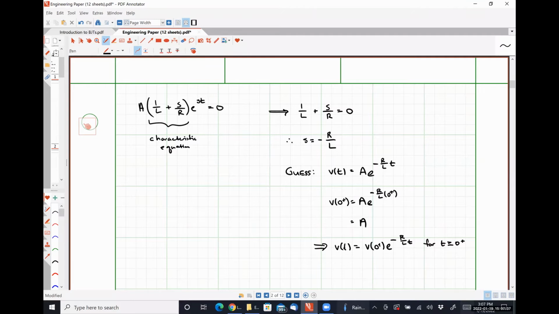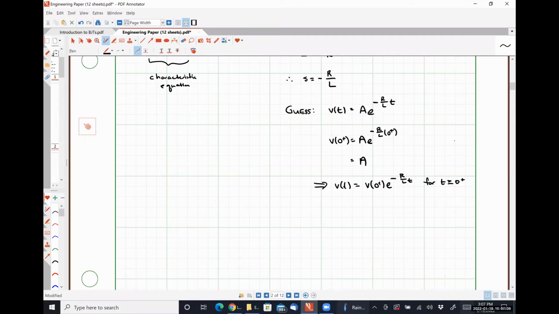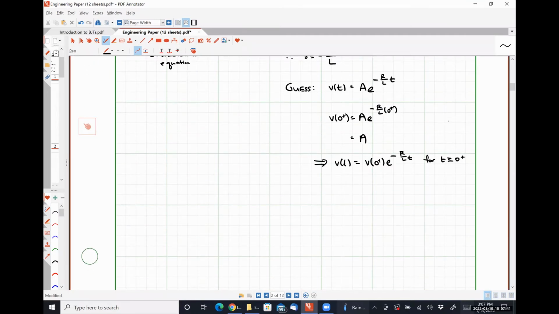So I want to look at our circuit for t greater than or equal to 0 plus again. I'm just going to redraw it here. We had some resistance R. I think I drew the resistor on the left.